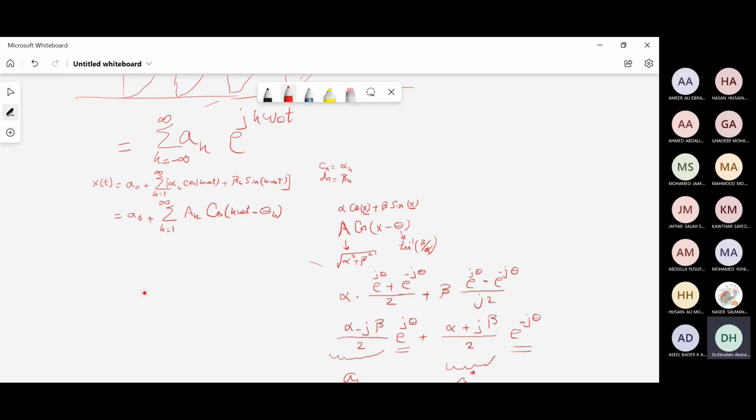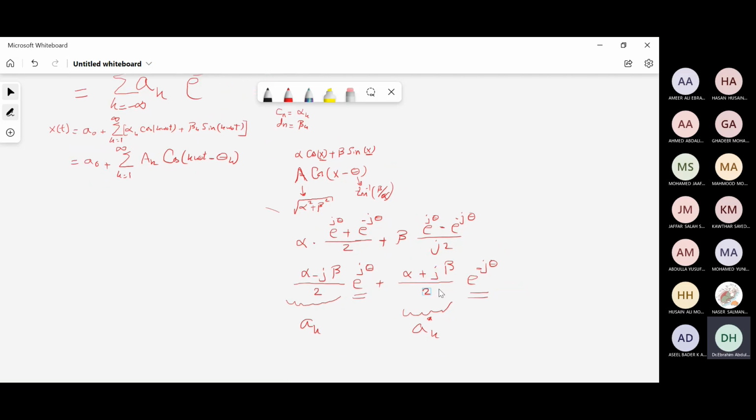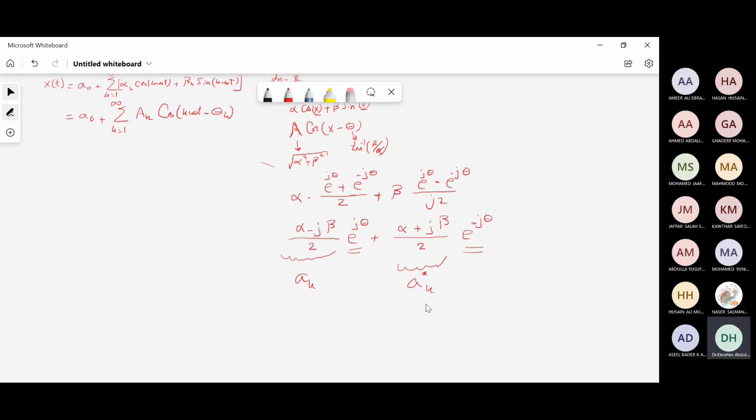When k is positive, 1, 2, 3, 4, then we will get this term. When k is negative, then we will get this term. Which means that when k is negative, I should get this, so the conjugate of Ak is equal to A minus k.